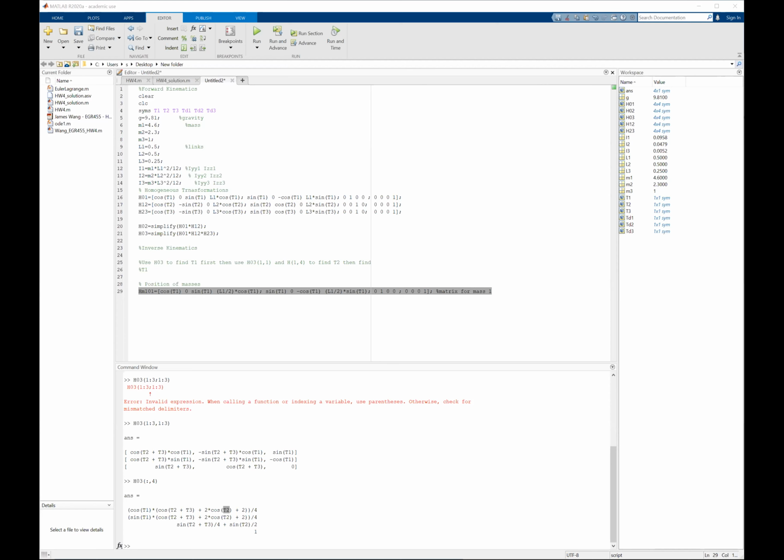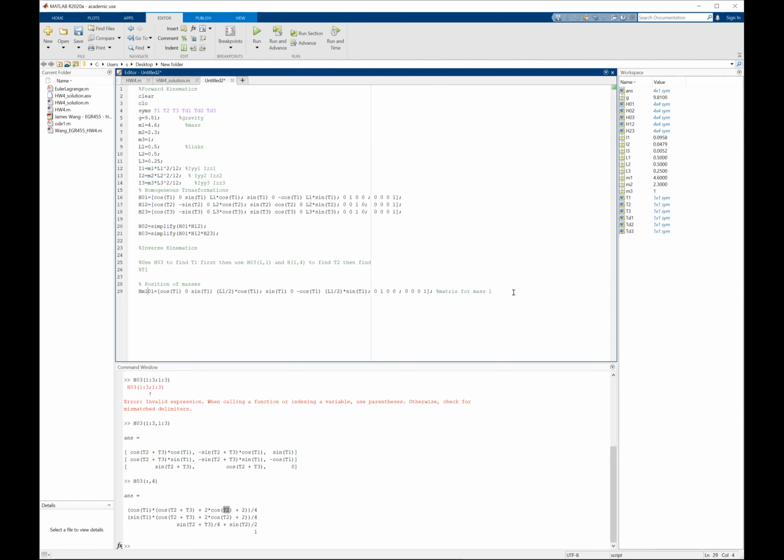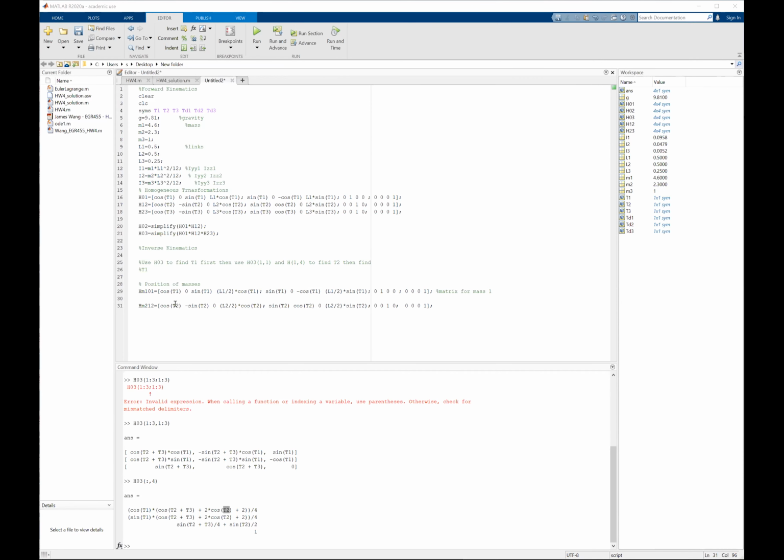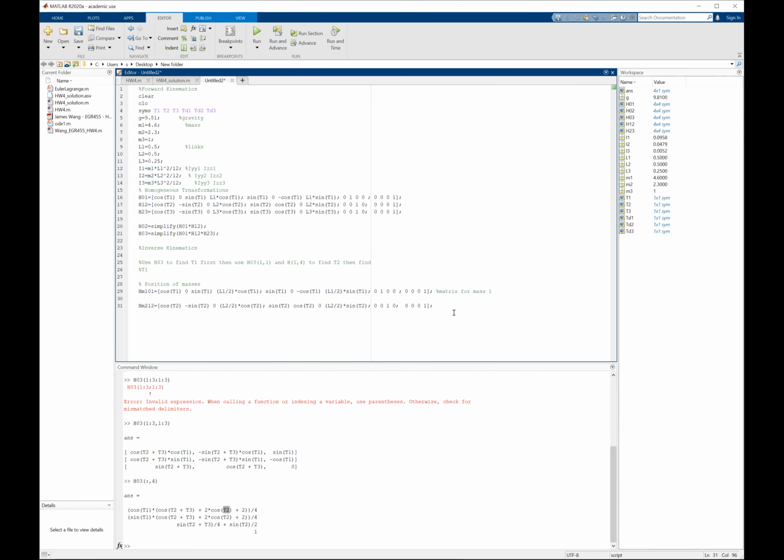Now you will do the same thing for mass M2. This is for mass M2. And you want to find out the location of mass M2 with respect to the 0th frame.